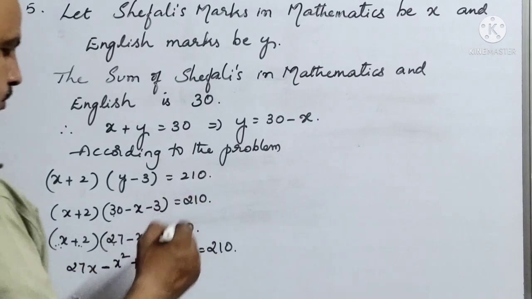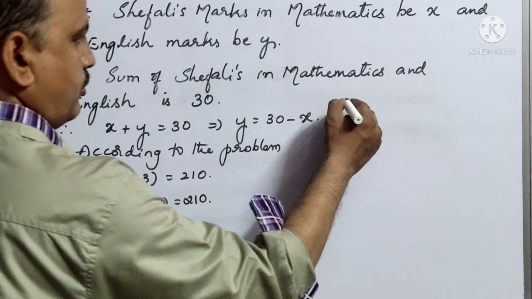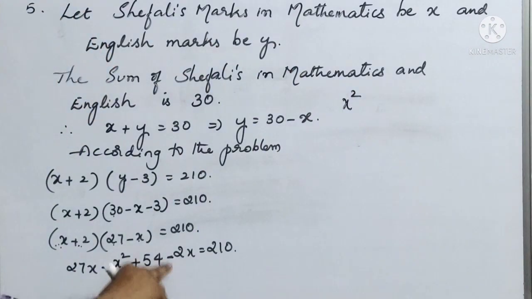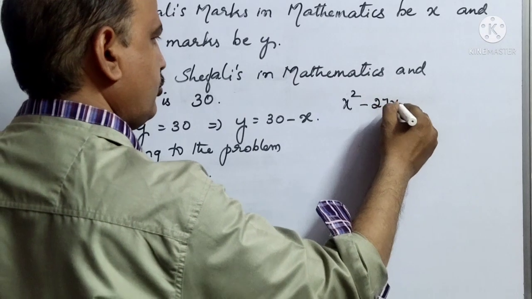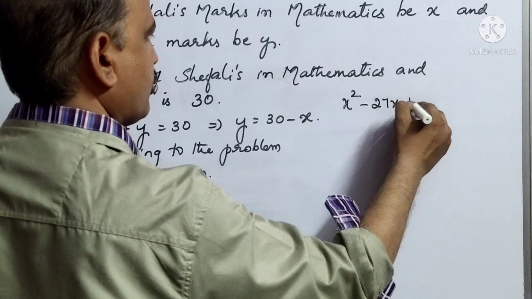Now I will send all these to the right side, because here the x square is negative, so it should always be positive. So that's why I send all to that side. So x square, minus 27x will go that side, and plus 2x will go that side.